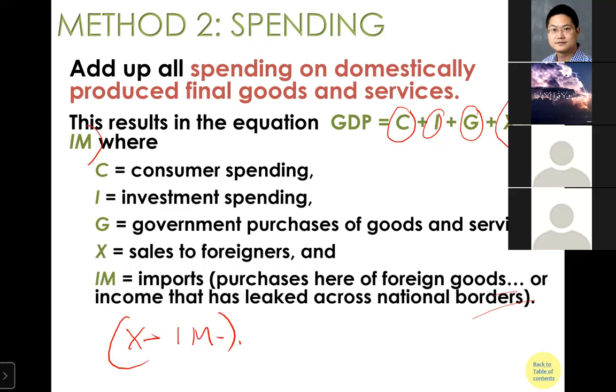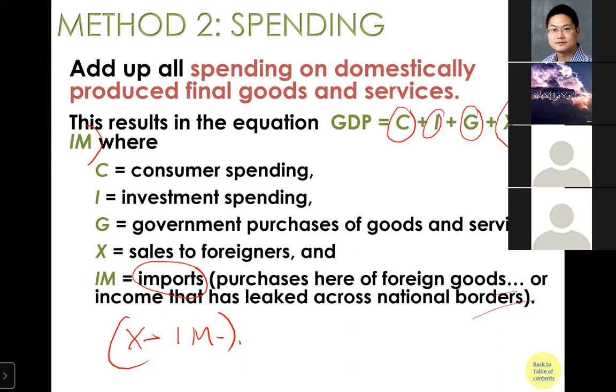X is sales to foreigners, that is what we produce domestically but is consumed by foreigners. But then we need to subtract imports, because at the same time, we purchase goods and services produced by foreigners.